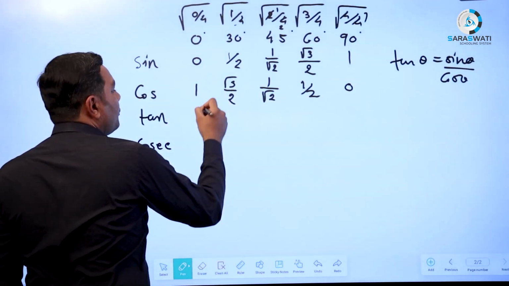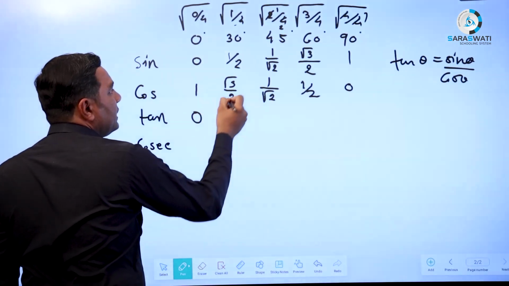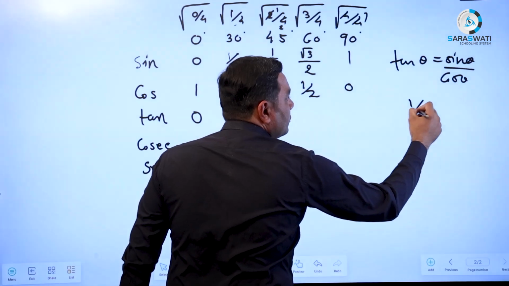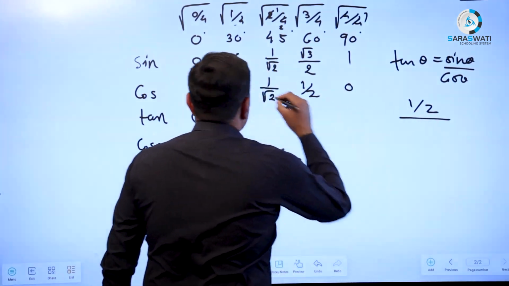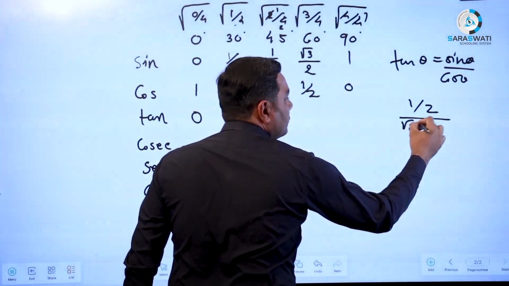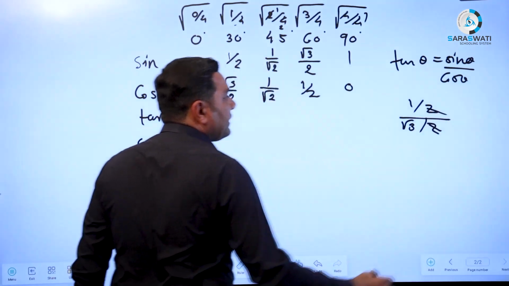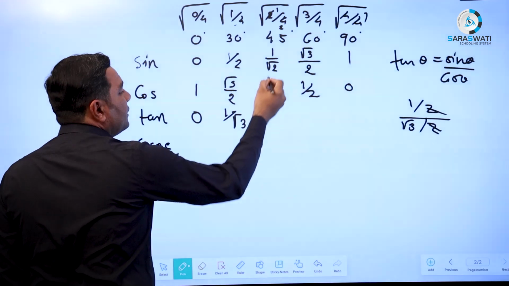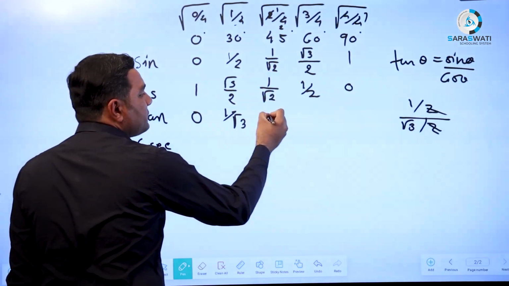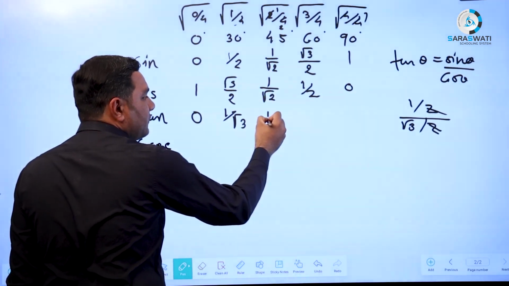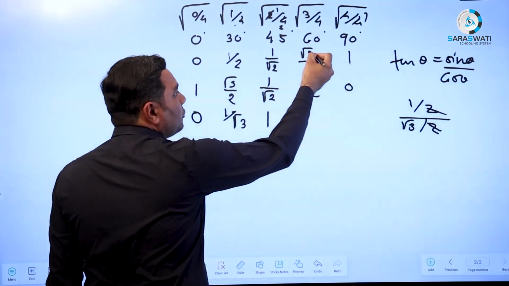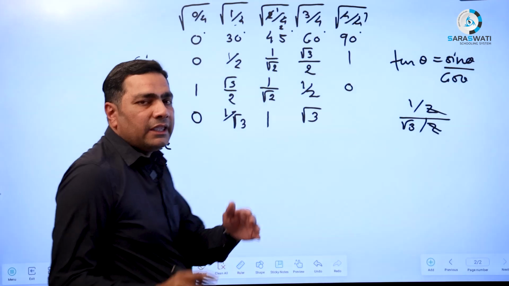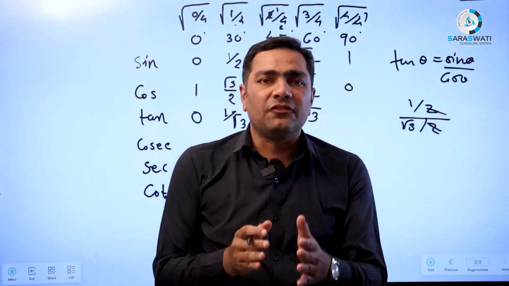We know that 0 upon 1 gives you 0 only. Then 1 by 2 divided by root 3 by 2: definitely the 2 will get cancelled out and you will get 1 by root 3. Then 1 upon root 2 divided by 1 upon root 2, as we have the division of the same values, the result will be 1. Followed by root 3 by 2 divided by 1 by 2, which will give you root 3. And as we all know, anything upon 0 will never be defined.